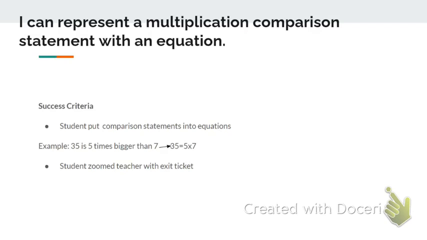And down here I have an example. I want you to be able to take something like 35 is 5 times bigger than 7 and turn it into this equation right here, okay? And the last part is students Zoom their teacher with their exit ticket. You guys should know that by now, but in order to be considered successful, you have to Zoom us.